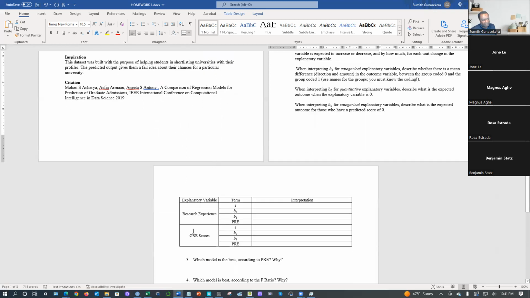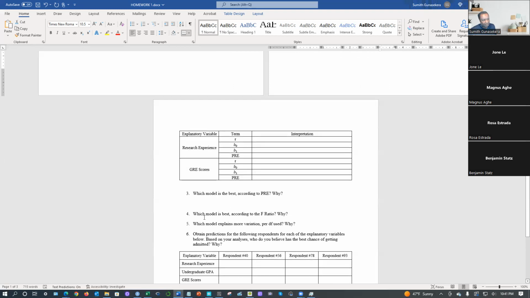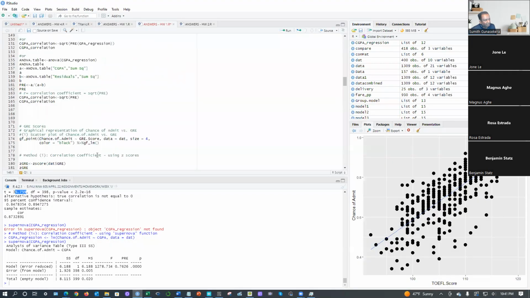Like that. What model is the best model according to PRE? What model would be the best model according to the F ratio? Which model explains more variation per degree of freedom? See, per degrees of freedom.